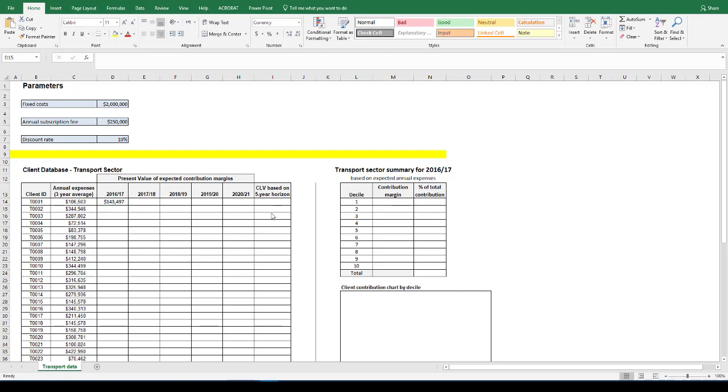Again, suppose that we are in 2016 and we want to find the contribution margin, or value of the customer, for next year if everything is the same. The annual subscription fee is $250,000 and the expenses are this much. But we've got a discount rate. The value won't be $143,000. We have to account for the 10% discount rate. So here is the formula.